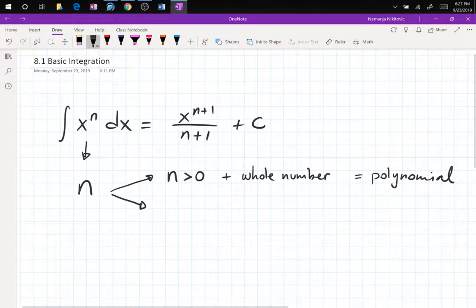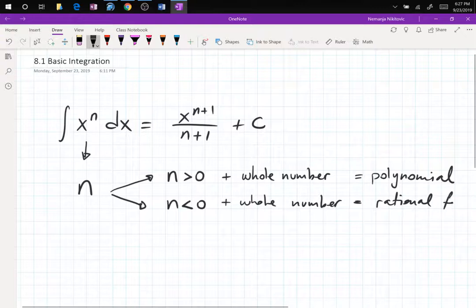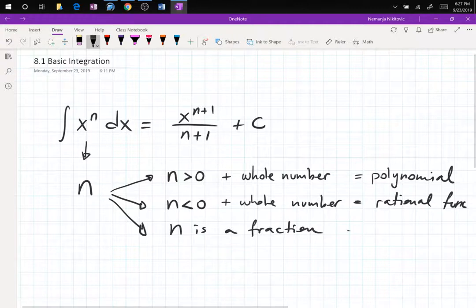And then n can be less than 0 and a whole number. And in that case, we have rational functions. And the third case is when n is a fraction, in which case we have radical functions.